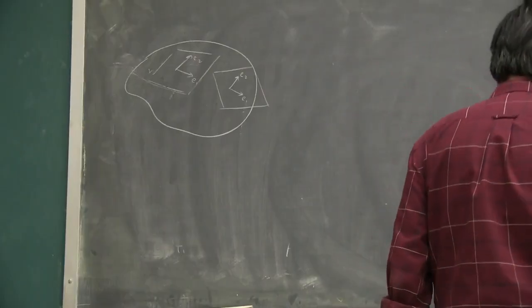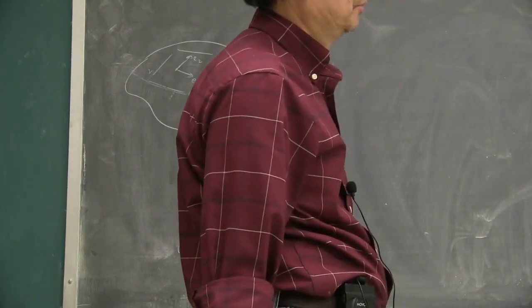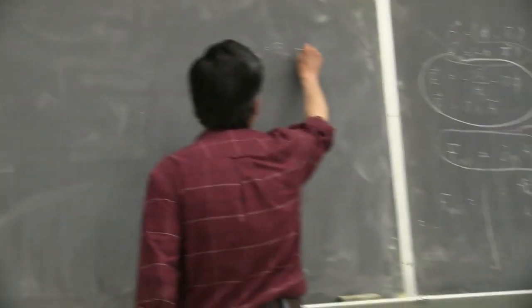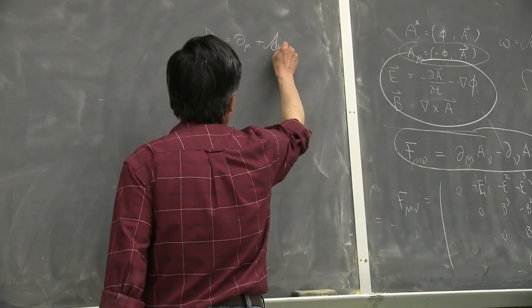I want to just say one more thing about this covariant derivative. Why does it look the way it does? The covariant derivative was like this: D mu is like d mu plus some quantity a mu.